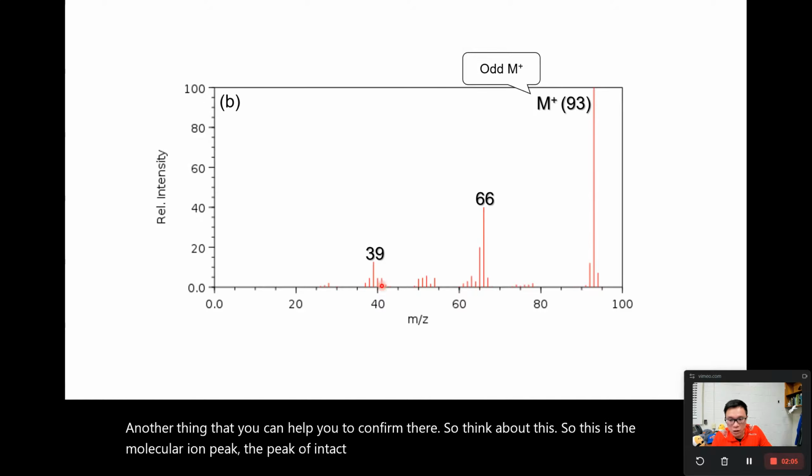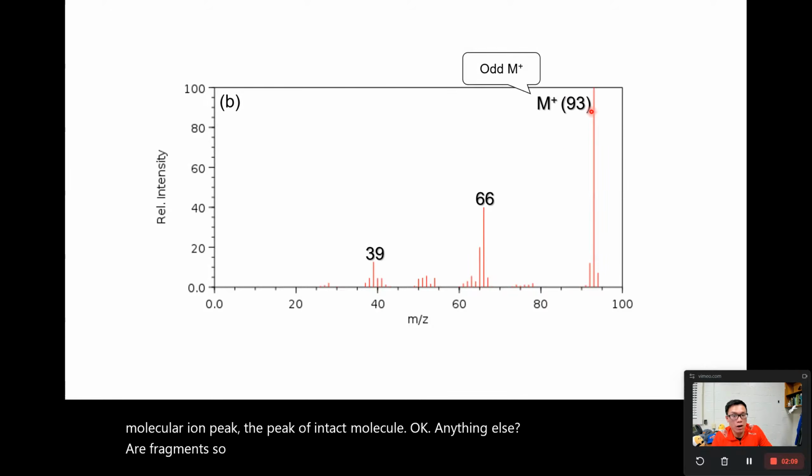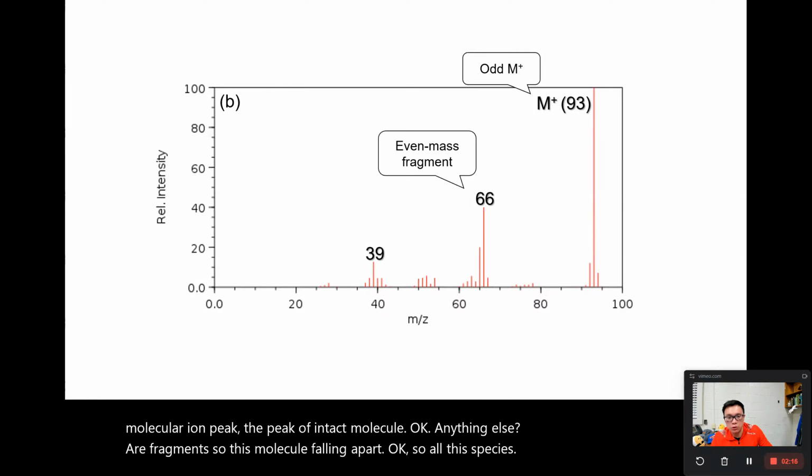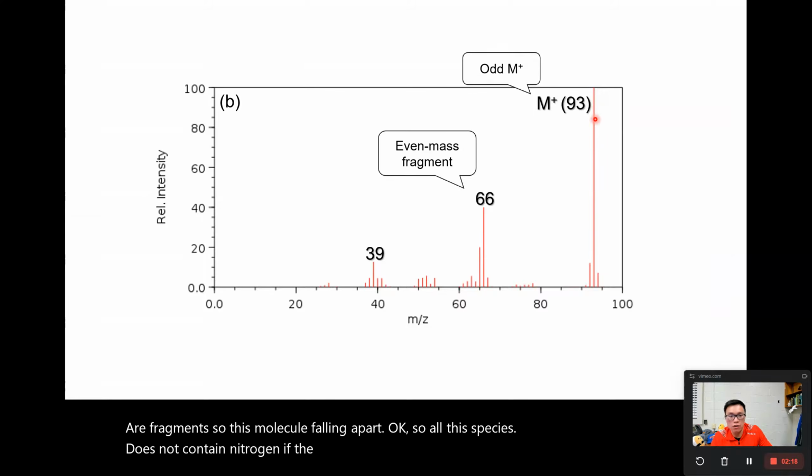Anything else is fragments, so this molecule is falling apart. All these species do not contain nitrogen. If the nitrogen falls off the intact molecule, the fragment doesn't contain nitrogen, and other fragments do.